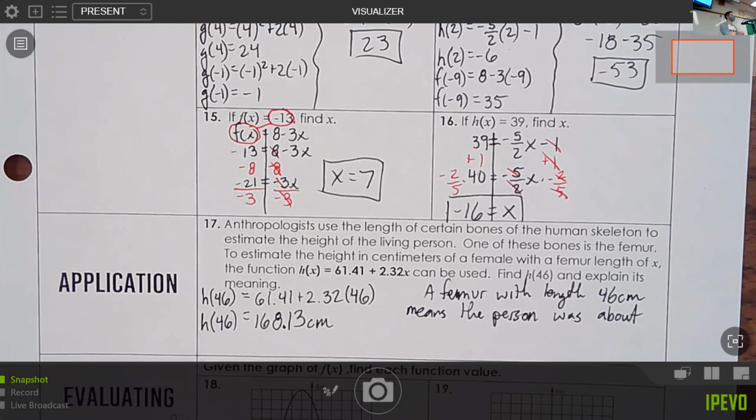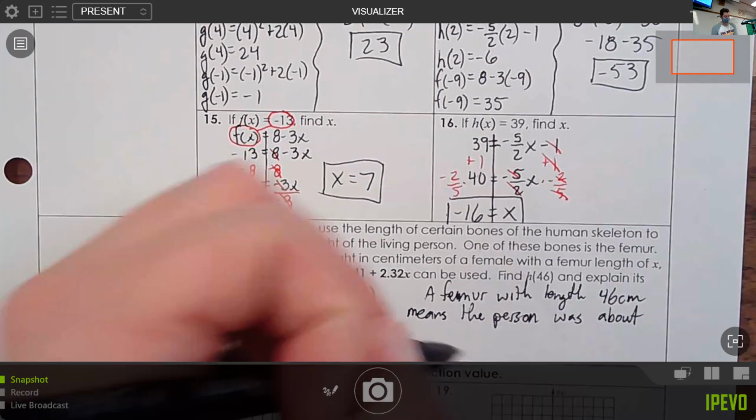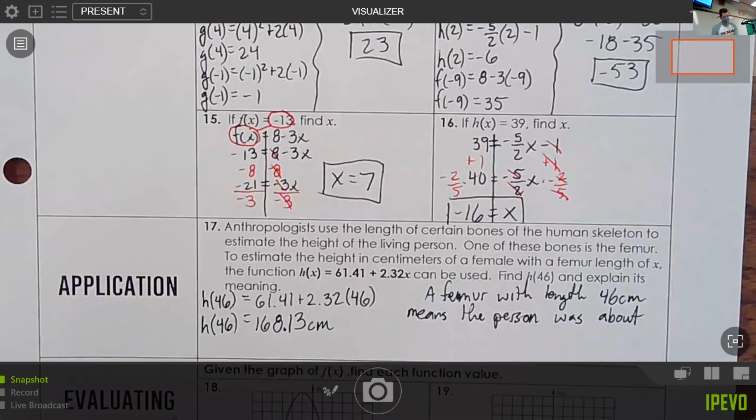So how tall was this person? Based on a femur length of 46 centimeters, what was the height of the person? Yeah. So it was about 168.13 centimeters tall.